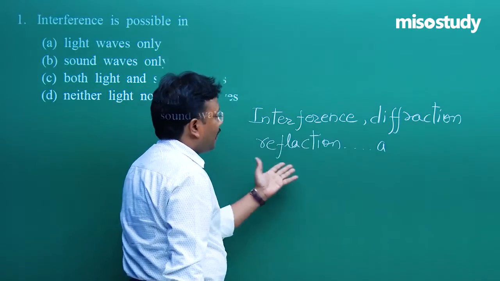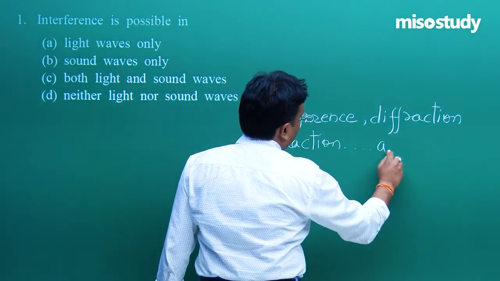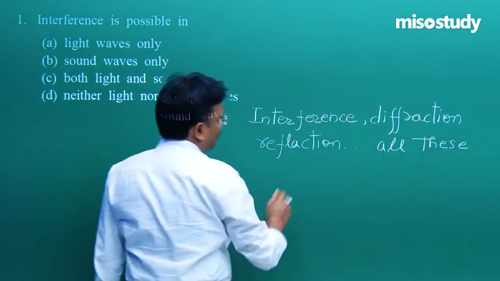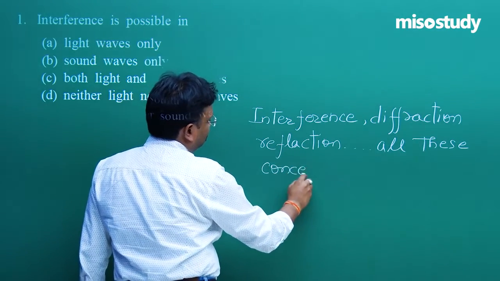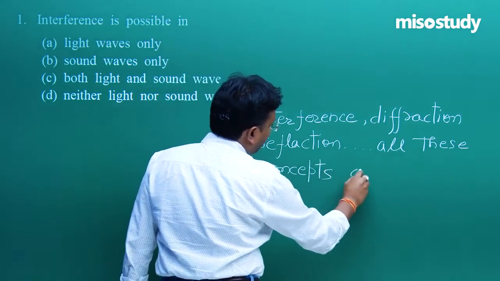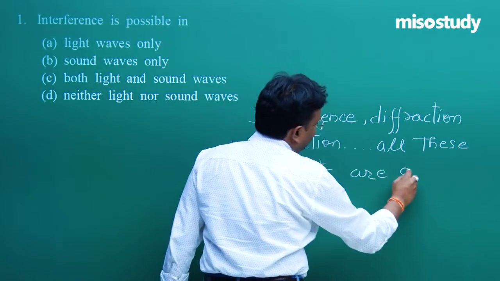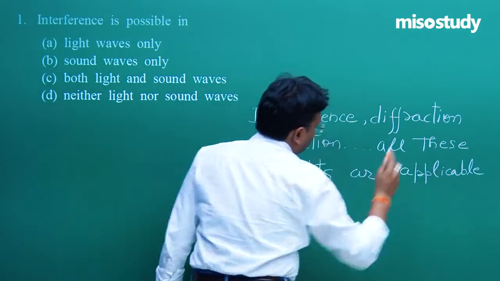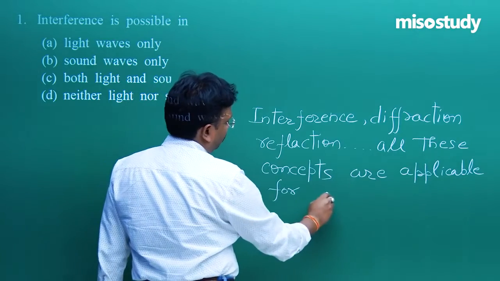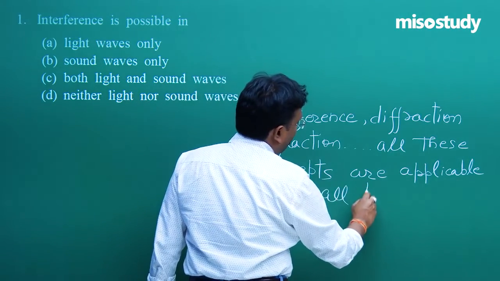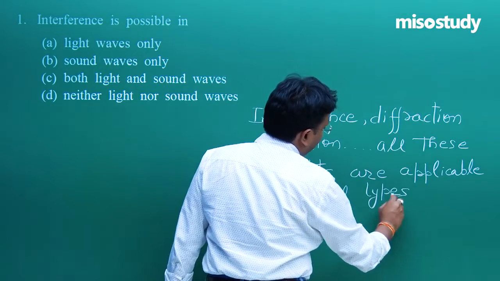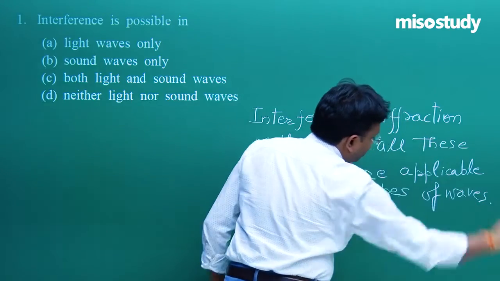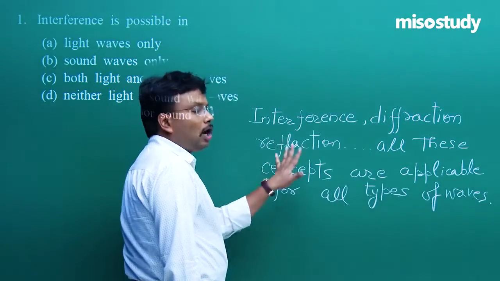So interference, diffraction, reflection, all these concepts are applicable for all waves, all types of waves. Okay. So this is something which is applicable to all types of waves.